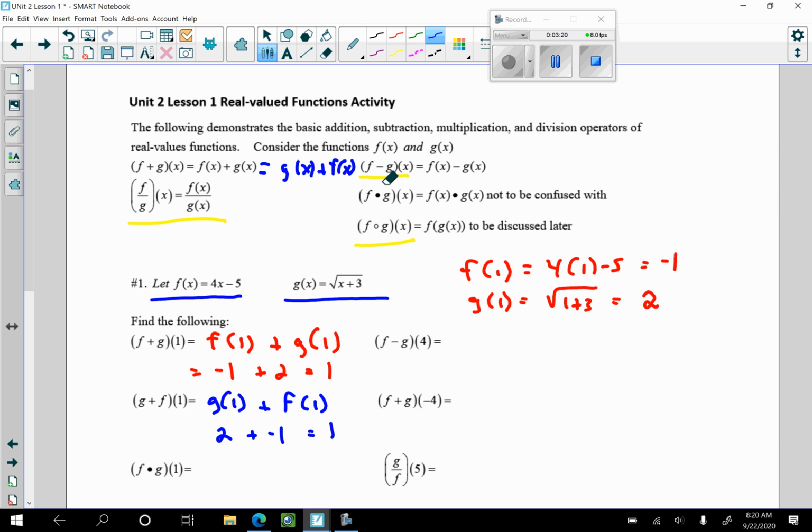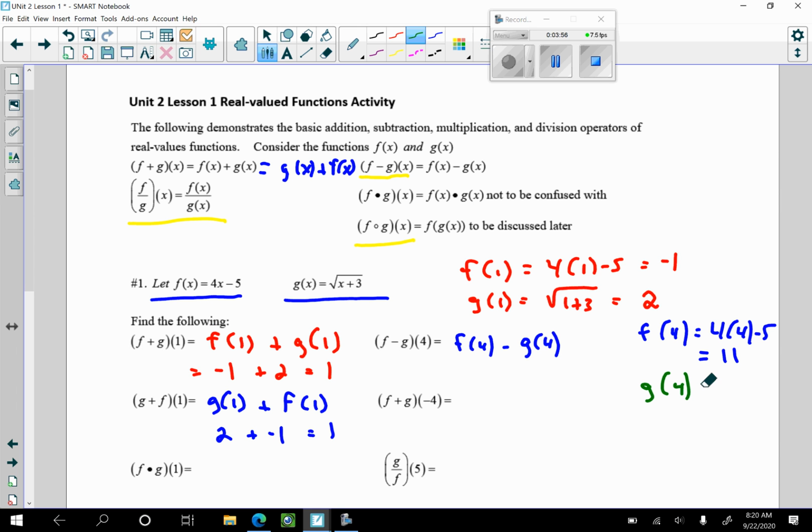All right, so let's go to this example here, f minus g of 4. This is going to be f of 4 minus g of 4. And let's find these values. F of 4 is going to be 4 times 4 minus 5. That's going to be 16 minus 5, which is 11. Please check my arithmetic and throw something at me if I get some arithmetic wrong.